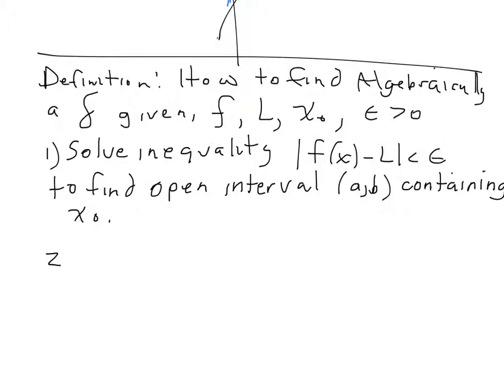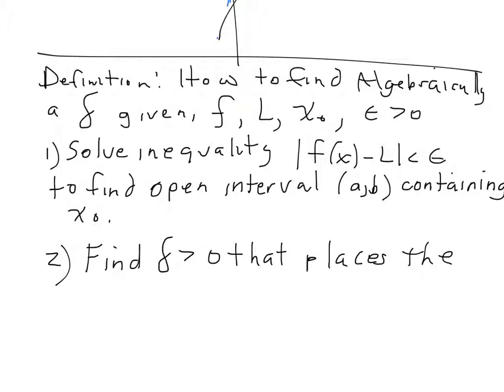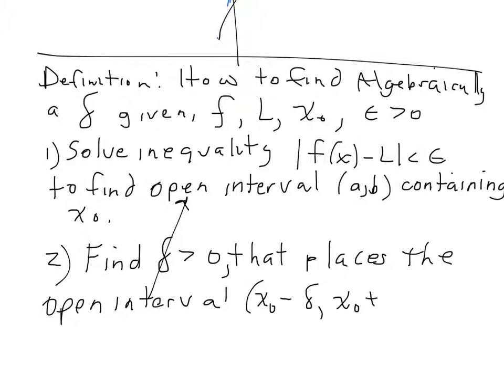And then step 2, when asked to do this, which will always be in my math lab, and I will tell you on a test if you have to do this, is we're going to center it. We're going to find this delta greater than 0 that places the open interval that we found right here in this whole x naught minus delta and x naught plus delta.